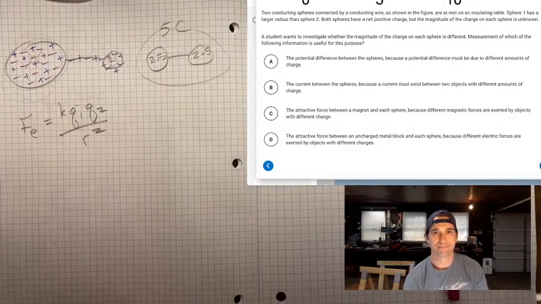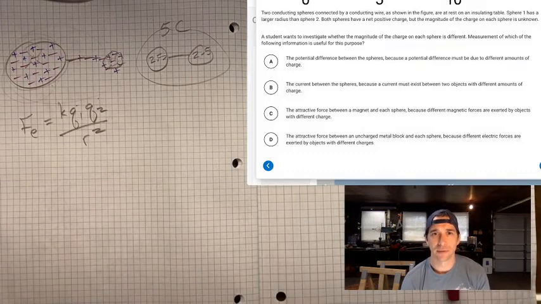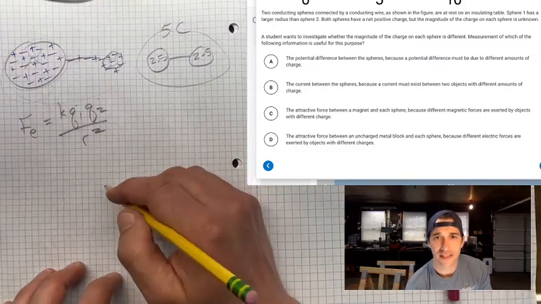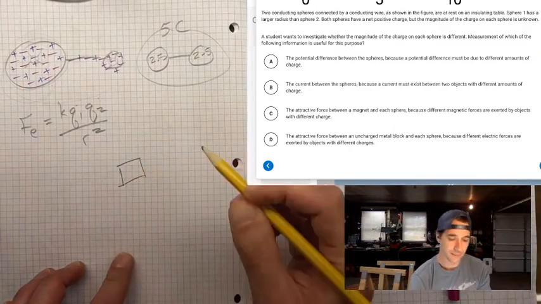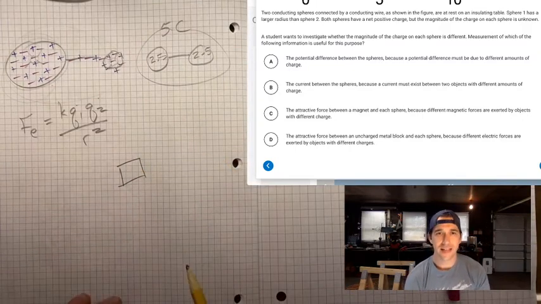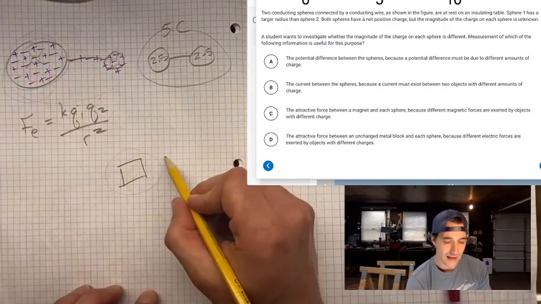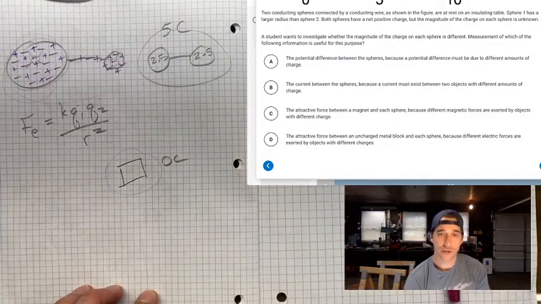Now, I want to read that again and point out a couple of things that confuse people. So this says between an uncharged metal block. So here's our block. A lot of people would say, hey, if this is uncharged, it's going to have a net charge of 0 coulombs.